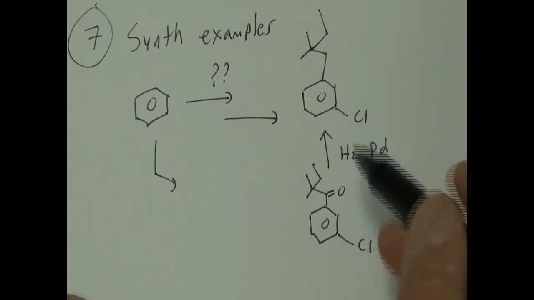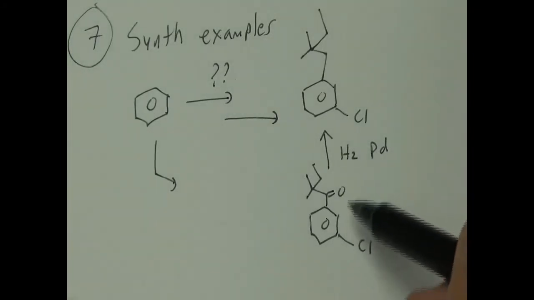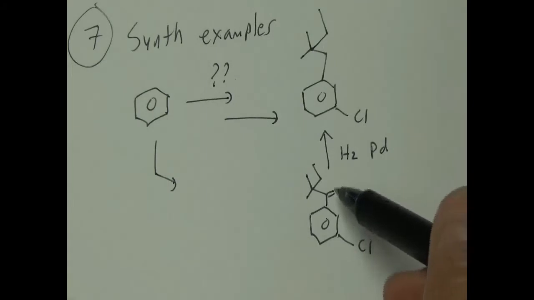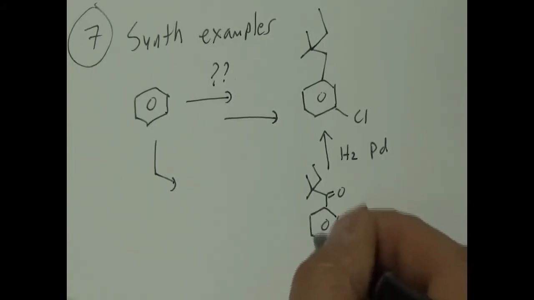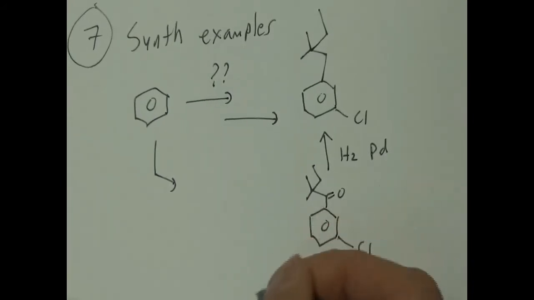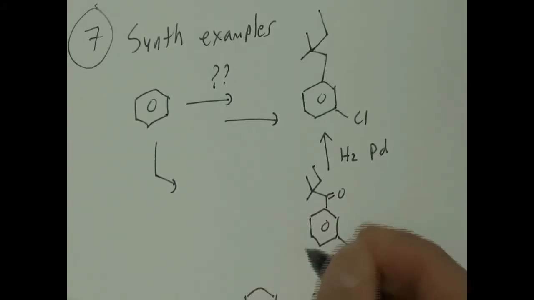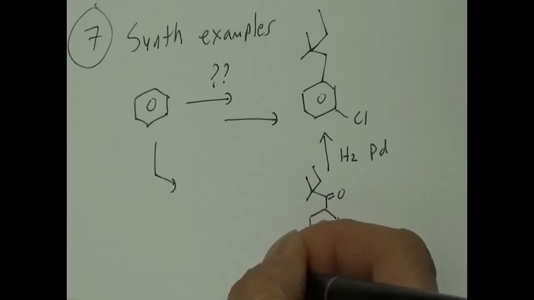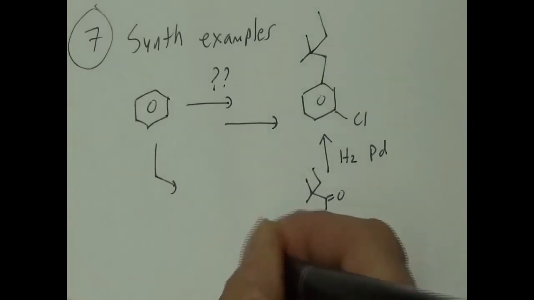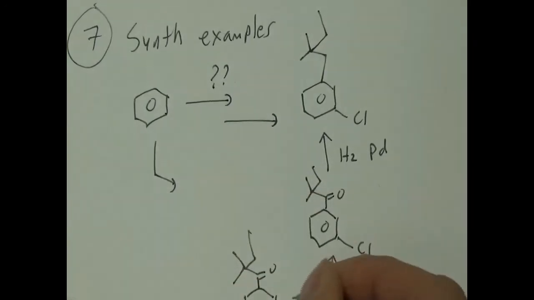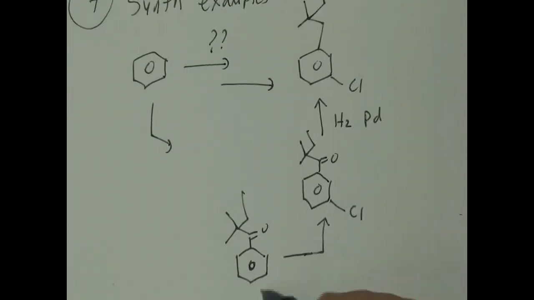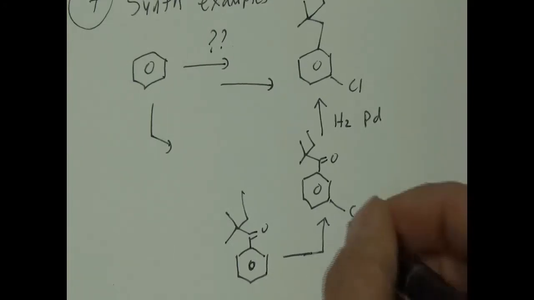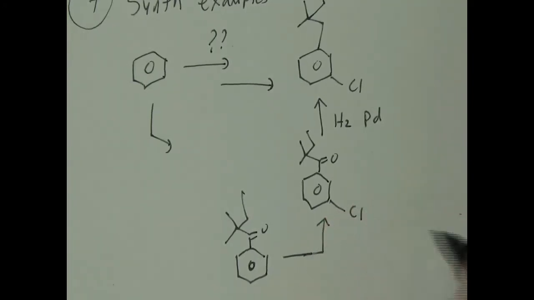All right, so now it's cool because the ketone is a meta director now. It can install the chlorine. So how about we just envision the ketone and no chlorine, and how do you put a chlorine onto a meta-directed ketone-substituted benzene?